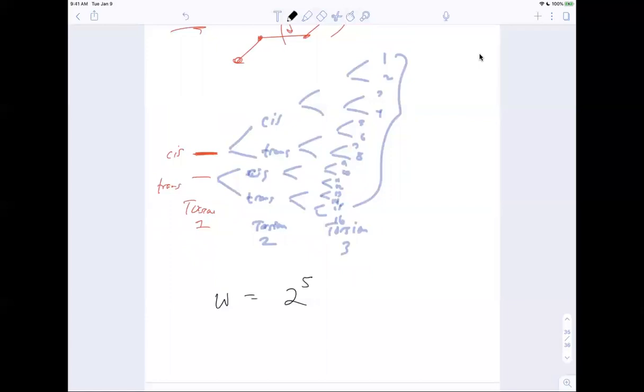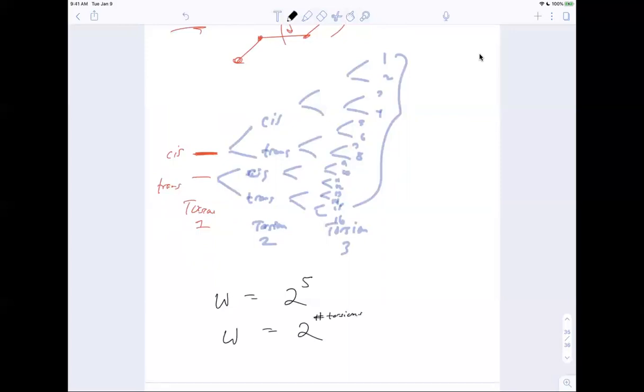Both of you caught me. Both of you did well. So it's 2 to the 5th, because this is going to be a power law. And in general then, what's W going to be for a polymer of this nature with these constraints? It's going to be 2 to the N, or total amount of bonds, angles, or torsions.